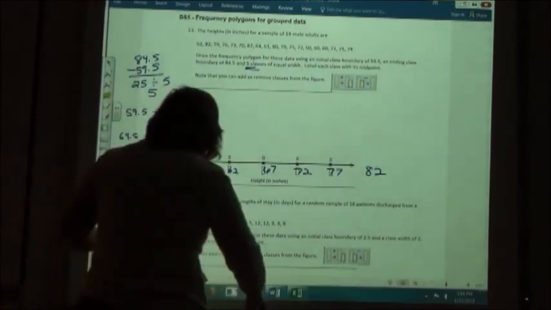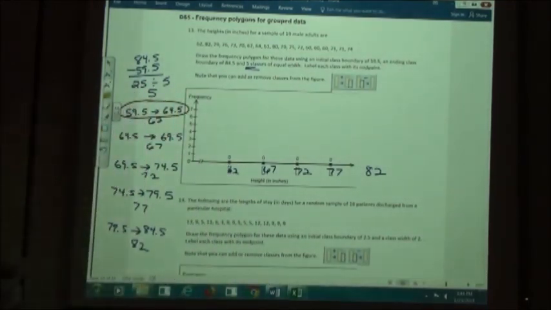So when we're doing our counts, we're still thinking about, like we did with our histogram, how many values are in that first section between 59.5 and 64.5. Anybody count them up yet?